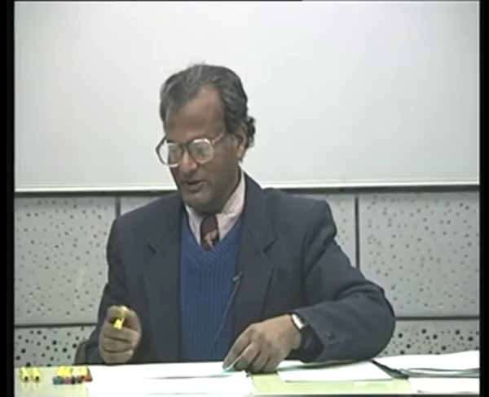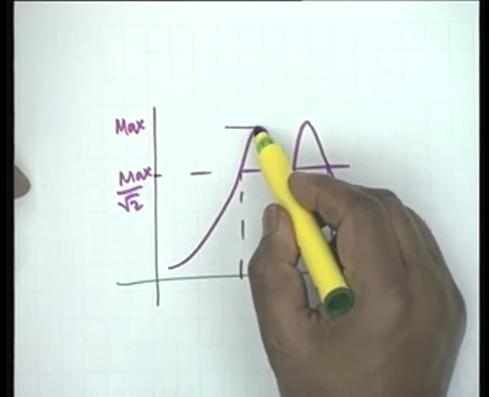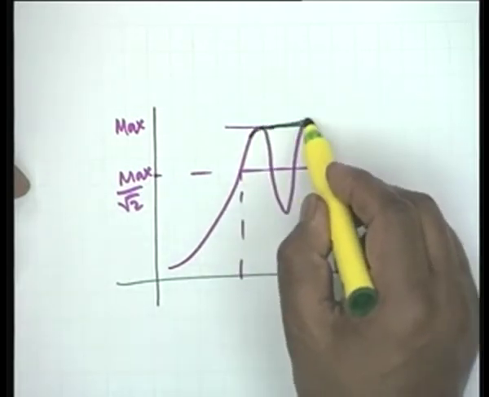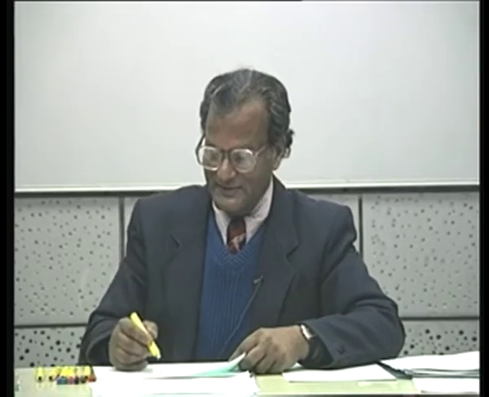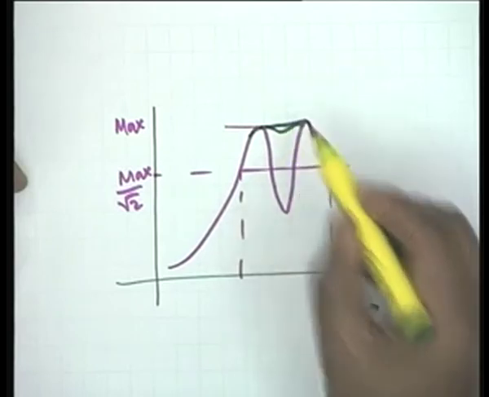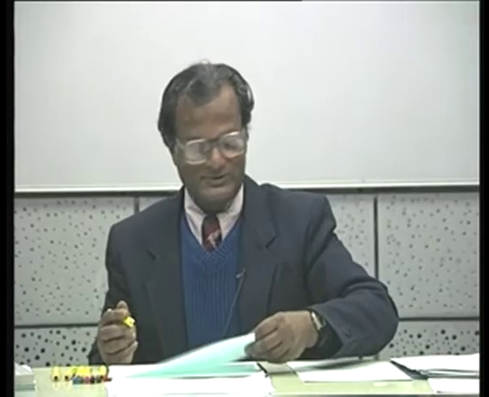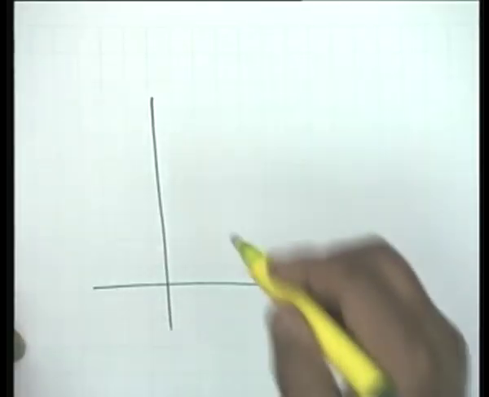However, the response that is of greatest interest is when this is almost flat. That cannot be achieved in practice, but you can achieve something like this, a small dip, alright, and the curves will follow like this. Once again look at this.